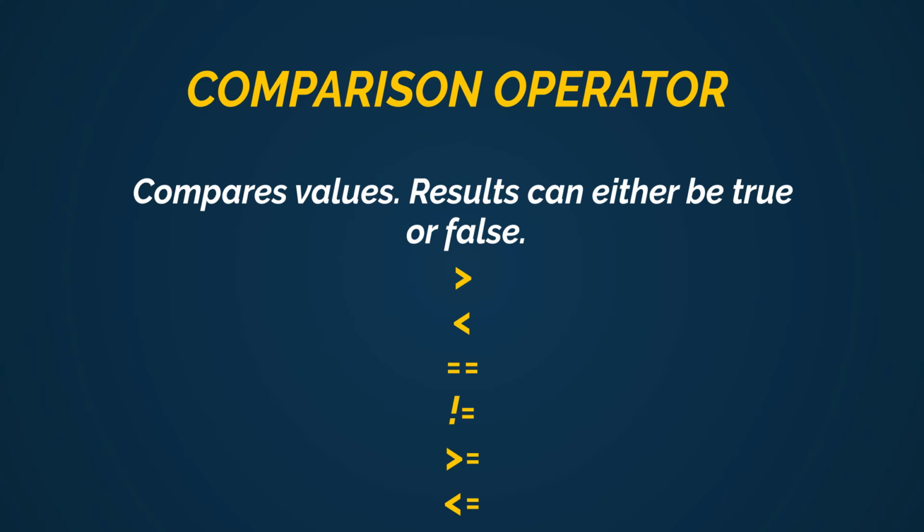We have the greater than, the less than, the equals to. Take note, equals to is denoted by a double equal sign, to check for equality. We also have the not equals to, which is simply an exclamation mark and equals to. We have the greater than or equals to, then the less than or equals to.